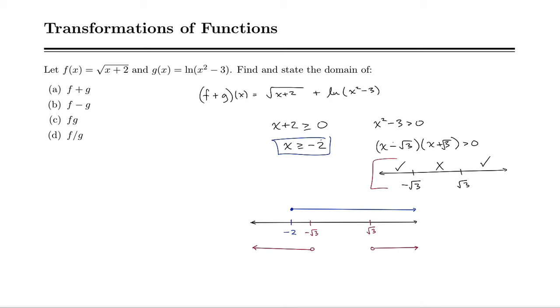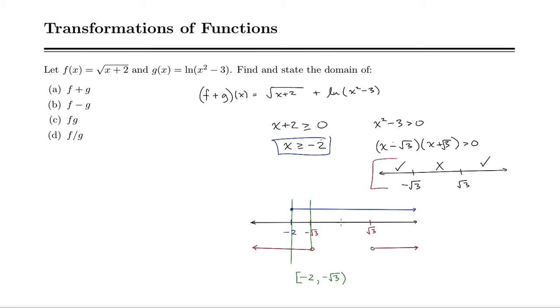We do the overlap by just moving from left to right, and the moment we start getting both colors, that's what we have. So that starts right here at negative 2. So from negative 2, we start, and then right at negative root 3, it cuts off. We're not allowed to have negative root 3, because it's empty in the red.